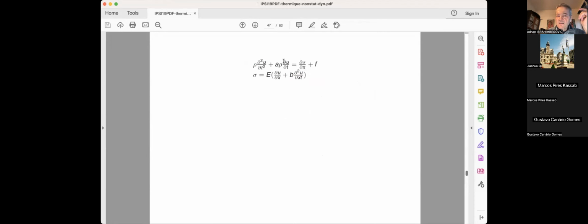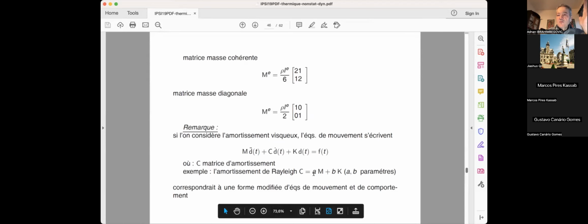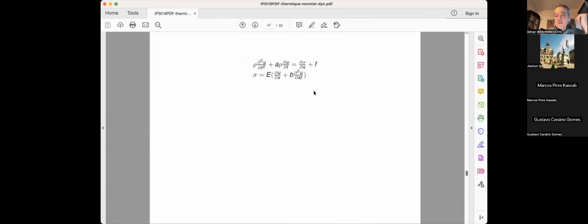As I said, if you justify that the damping matrix is a coefficient A times the mass matrix and a coefficient B times the stiffness matrix, that would imply that in your equations of motion you're adding an extra term. Beyond the inertia effect, mass times acceleration equal to the forces, so better than Newton, you're adding this type of viscous resistance, which is A rho times du dt. It's like some kind of damping term from the outside.